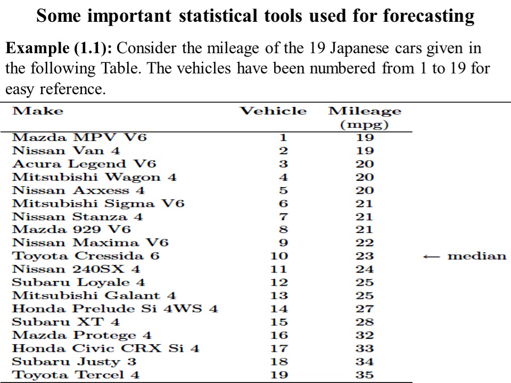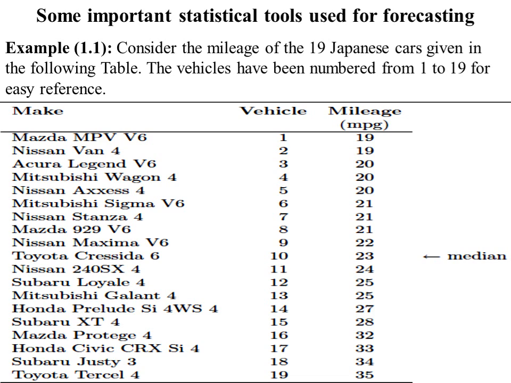Second important, we wanted to know the mean. The mean, or y bar, is equal to summation of yi over n. Summation of yi means the summation of this mileage, 19 plus 19 plus 22 plus 2, 35.